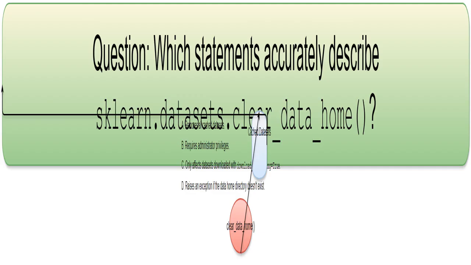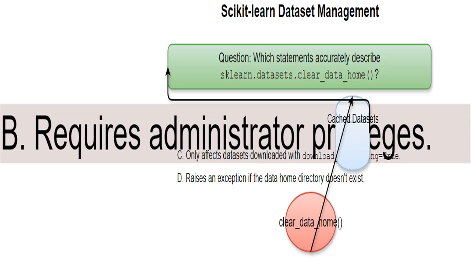This statement is correct. That's exactly what _clear_data_home does. It sweeps away all the cached datasets Scikit-learn has saved. I'm here to tell you that this is incorrect. You don't need special permissions to use _clear_data_home. It works within your user's normal file access.